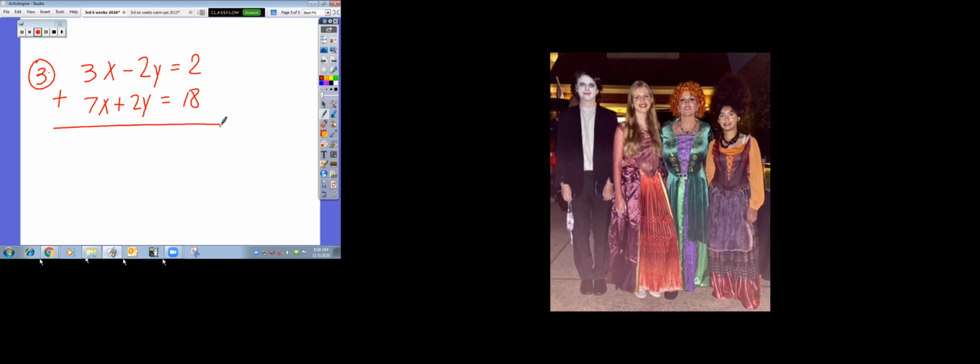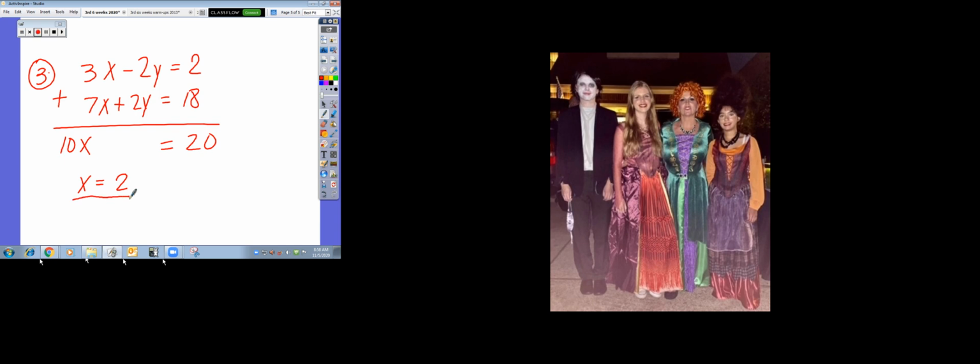So when I add these up, what do I get? 10x equals 20. The y's canceled out. So what does x equal? 2. Am I done though? Now I still have to find the y. So substitution is always involved somehow, some way. The second step is always substituting your answer you got. In this case, we got an answer for x.